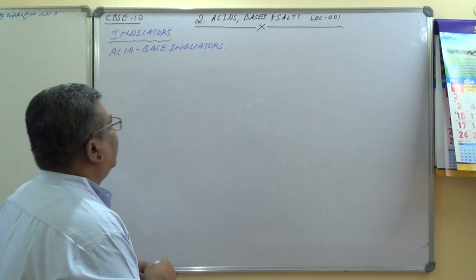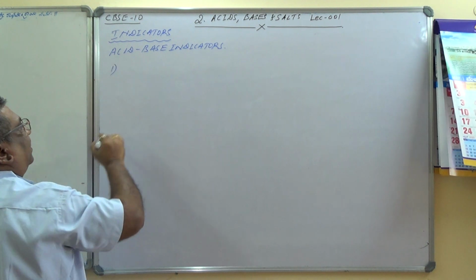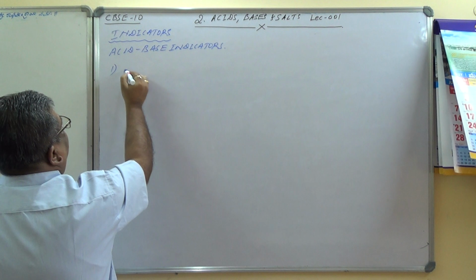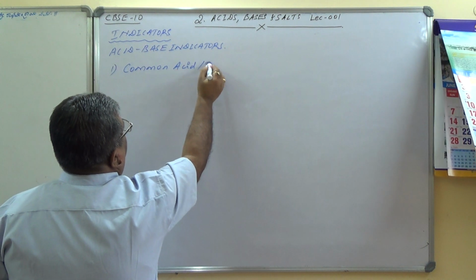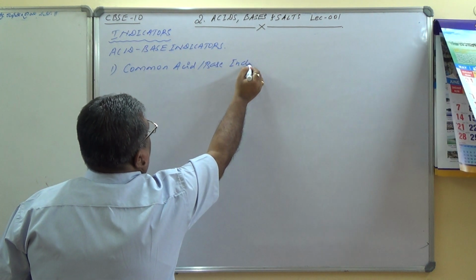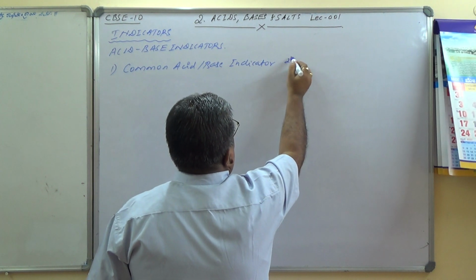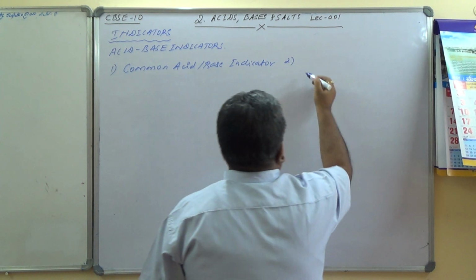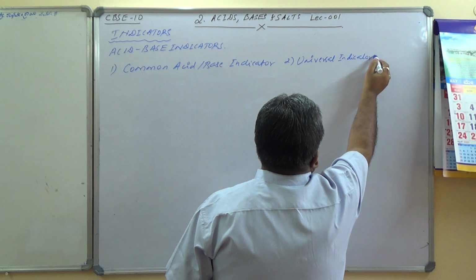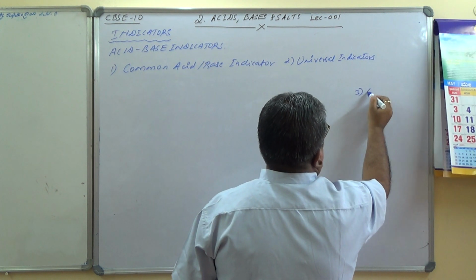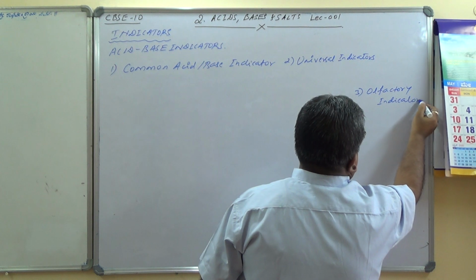So generally, how do you classify these acid base indicators? The acid base indicators are classified as common acid base indicators, and second one, universal indicators, and third category is olfactory indicators.